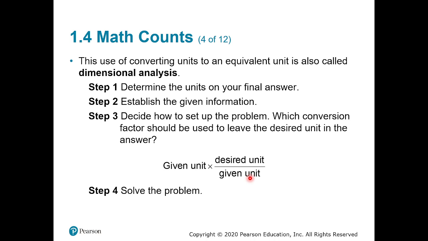Now, I personally find it easier to start with the desired unit. So I oftentimes use the conversion factor with the desired unit and then cancel things off of that. I'm a nonlinear thinker though, so there's maybe 2 or 3 of you that would be like, yeah, that seems easier.